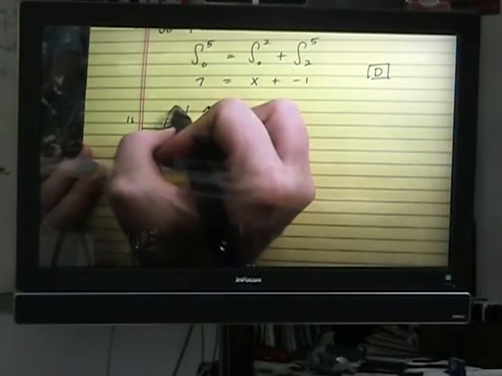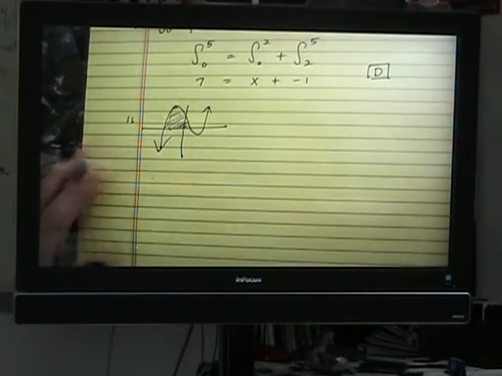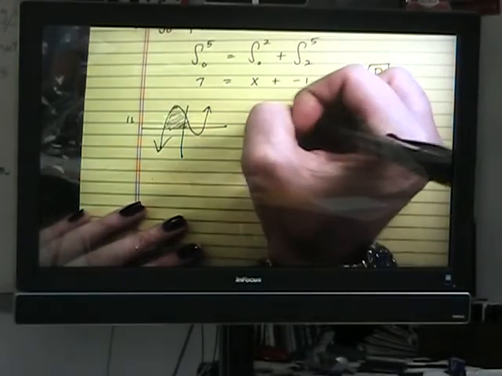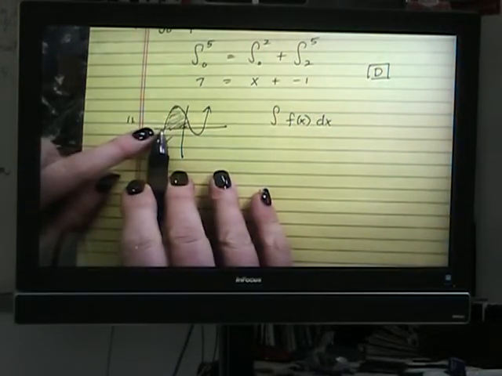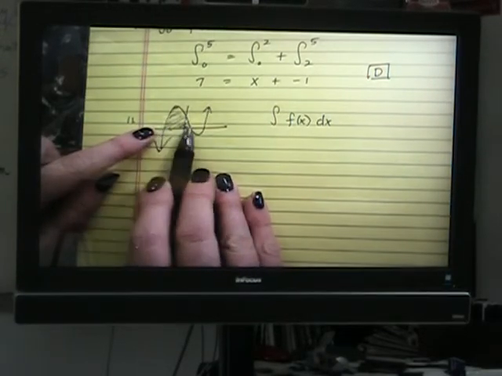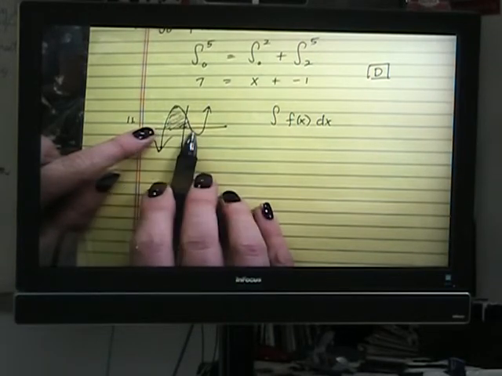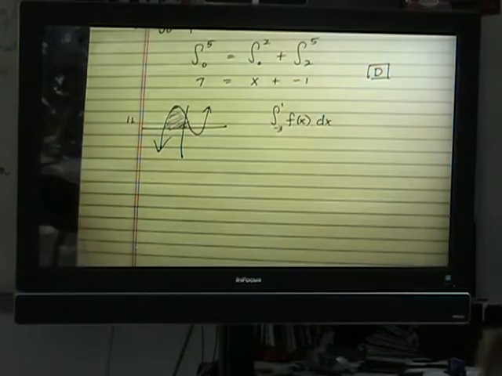So it's only looking for that little piece right there, that shaded area. And so that shaded area is the integral of f of x dx from this x value to this x value. Now luckily for us, those x values are nice, pretty numbers. They're integers, -3 and +1 if you look at your graph. So the lower bound is -3, the upper bound is +1.